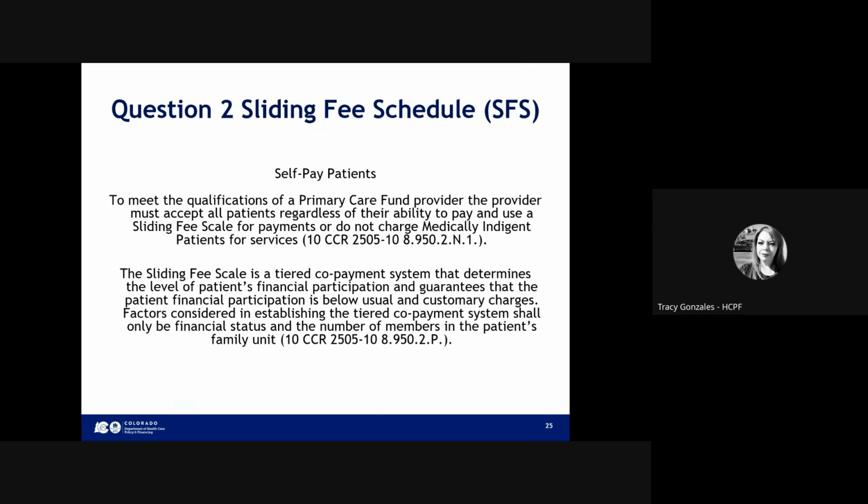The sliding fee scale is a tiered copayment system that determines the patient's level of financial participation and guarantees that it's below usual and customary charges. The factors to consider when establishing the sliding fee scales should only be the financial status and the number of members in the patient's family unit.